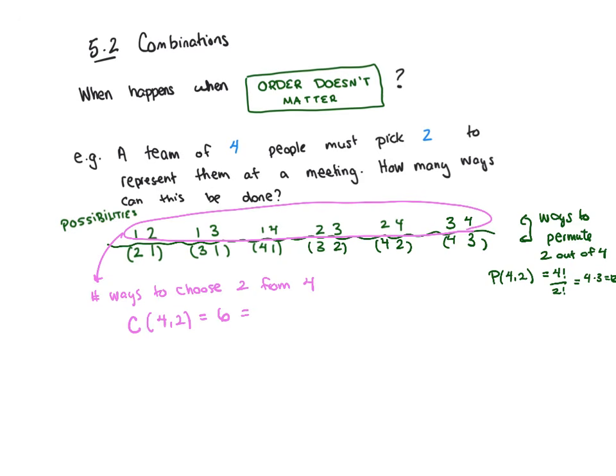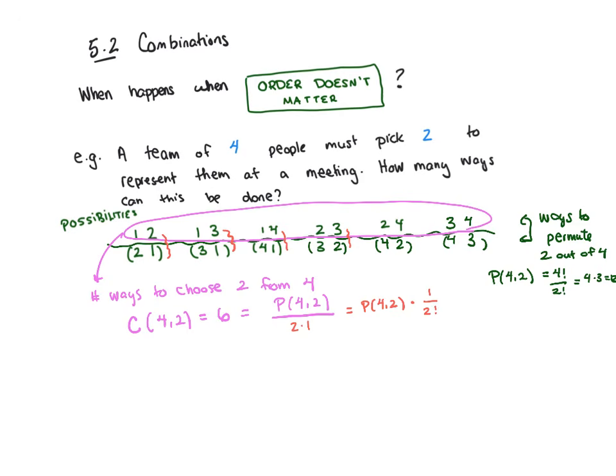Well, we first find all of the ones where order matters, and then I divide by the number of times each thing appears. So it's going to appear the number of ways those can be rearranged. So there were 2 options for the first one, and there was 1 option for the second one. So it's going to be this P(4,2) times 1 over that 2 factorial.